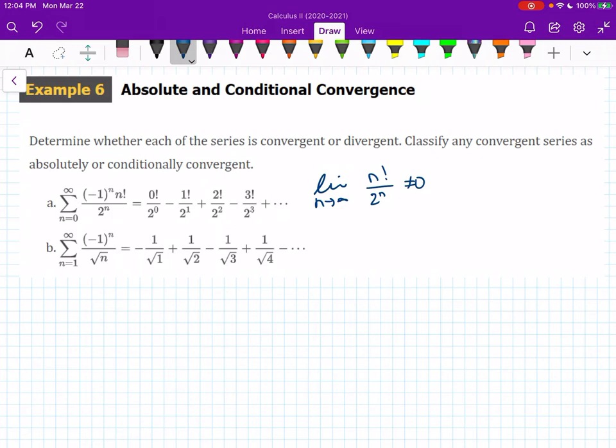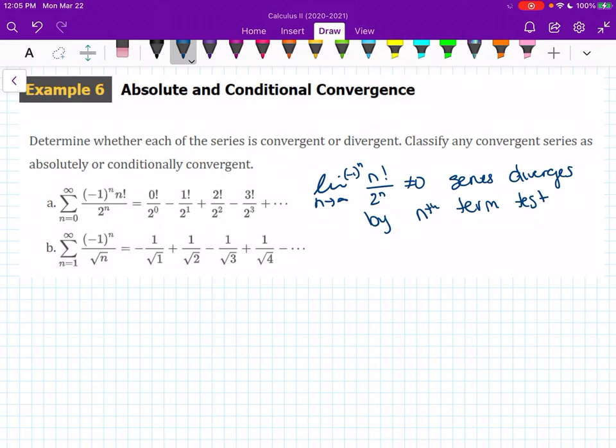So the series diverges by the nth term test for divergence. You can put the negative 1 on there if you want to. We don't have to classify this one because we only classify the convergent series.